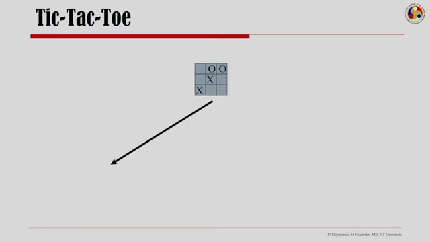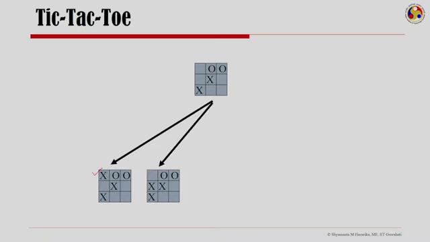So, the possibilities for Max are that he can give an x at this corner or an x at the middle.